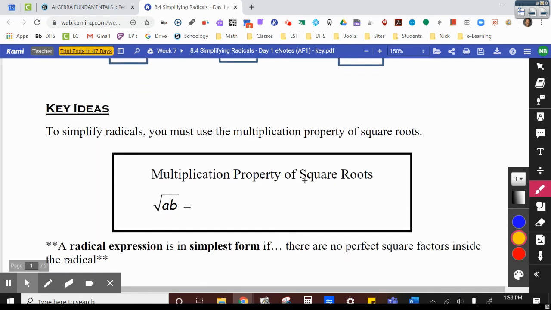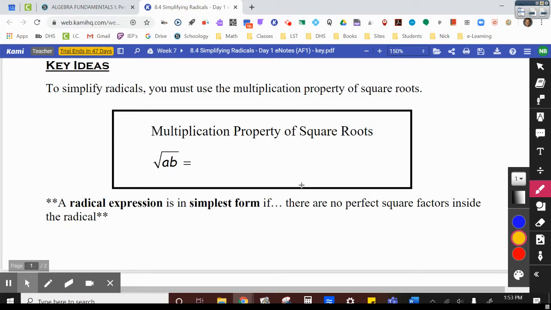So here's the key idea to simplify radicals. You must use this multiplication property of square roots. What this multiplication property says is that if we have the square root of some number, we can break up that number into its factors.